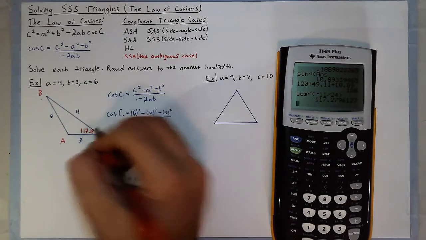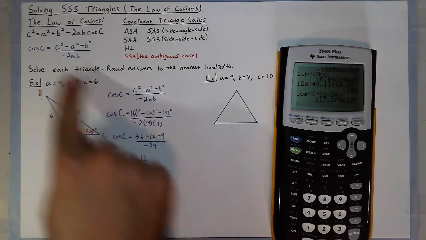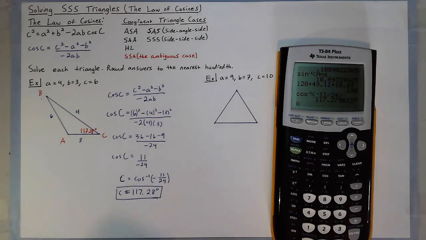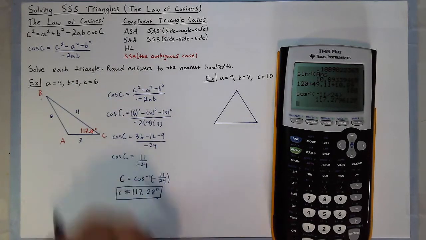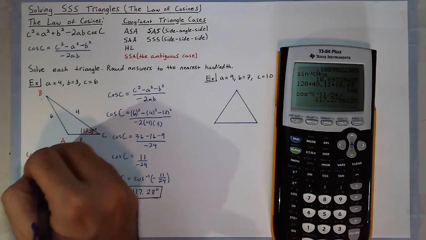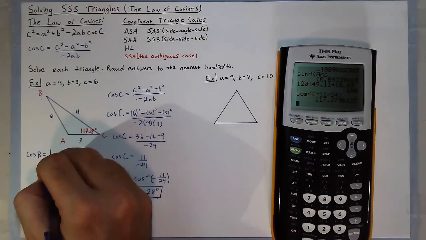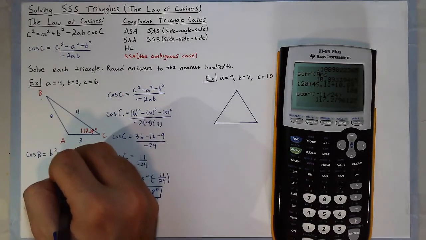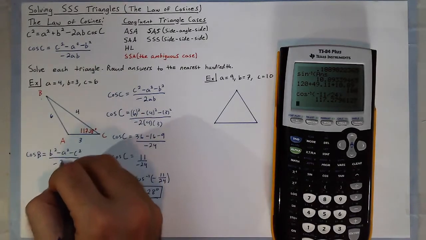117.28 degrees. Now let's find another angle, which I can do in a very similar fashion. So if I wanted to find, let's say, the cosine of angle B, which would be the smallest angle, cosine of b would be equal to b squared, it's the match, minus a squared minus c squared, the other two sides, all over negative 2ac.